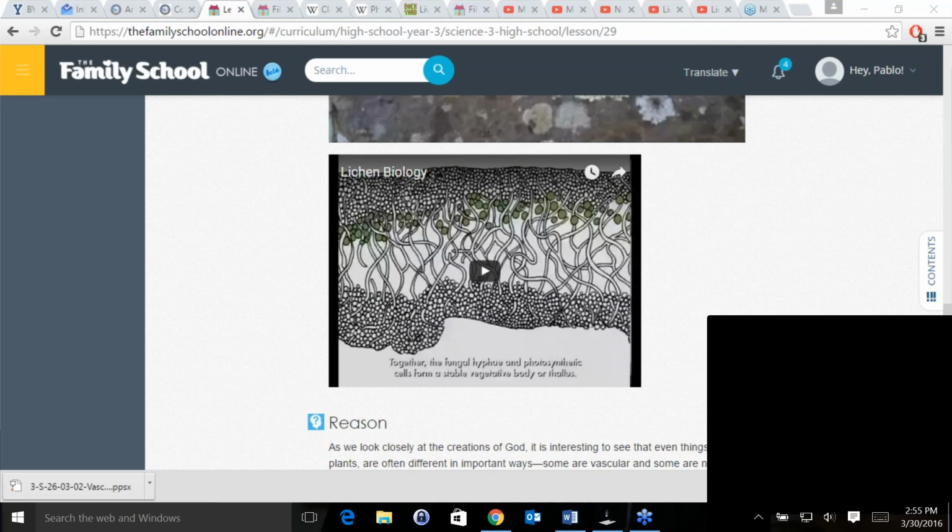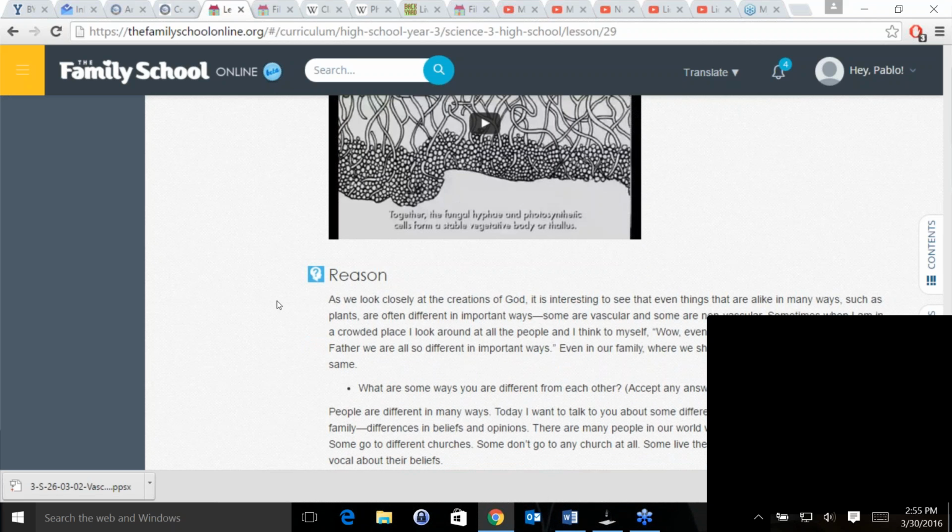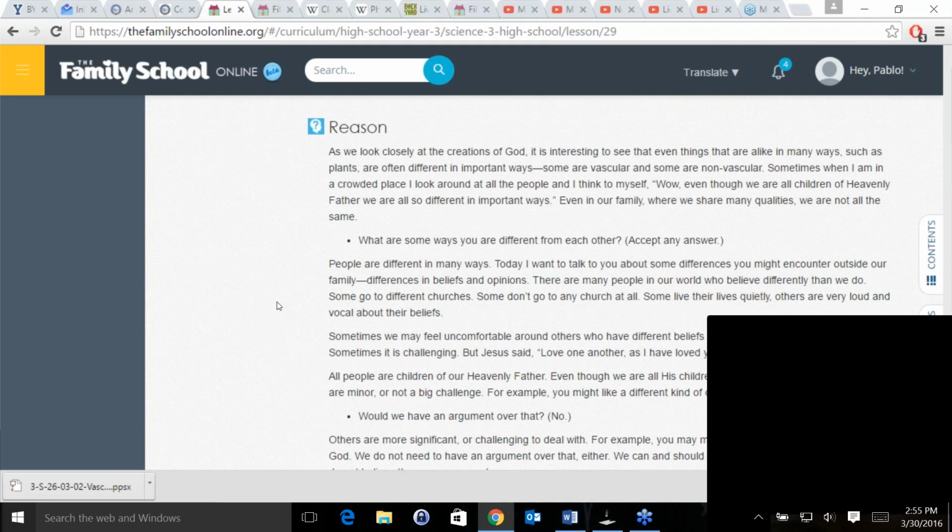So what do you think, guys? What would be good ways of testing the survivability of moss? Anna says put it in a dark place and see how well it survives without any light at all.